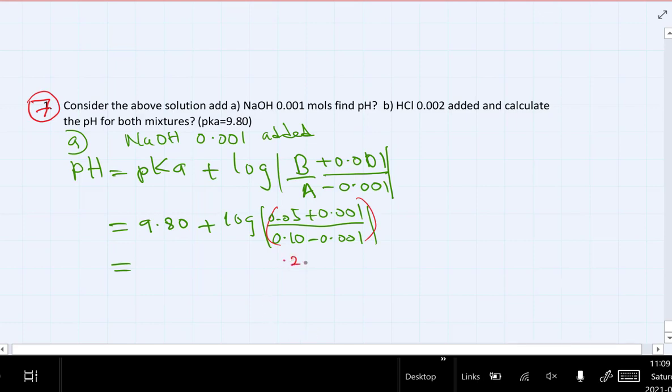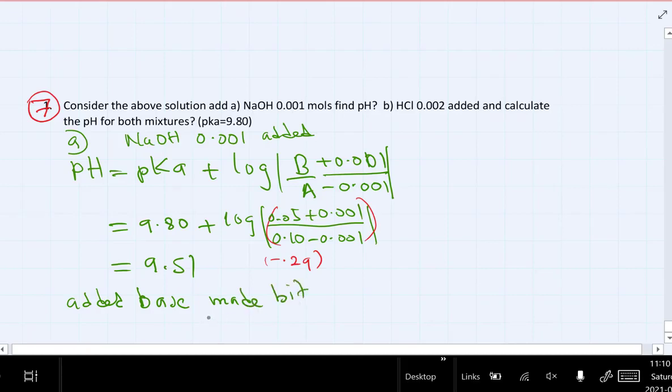Finish the bracket inside first, and you end up with minus 0.29, and then with 9.80 put together, it's 9.51.